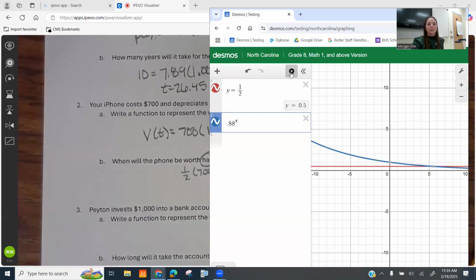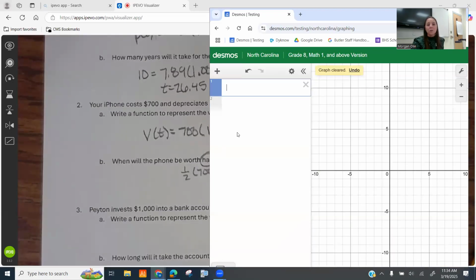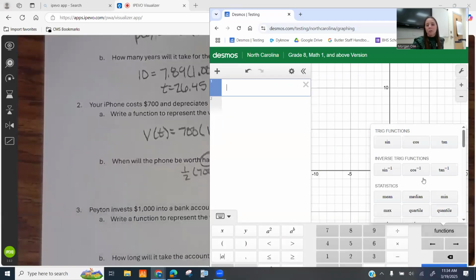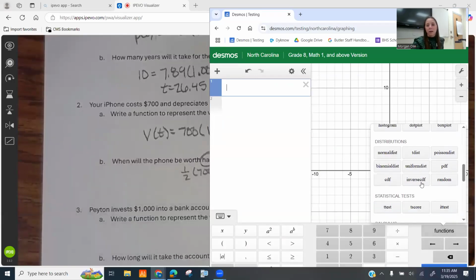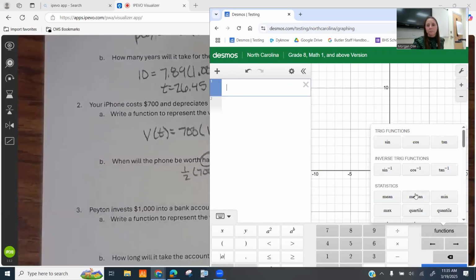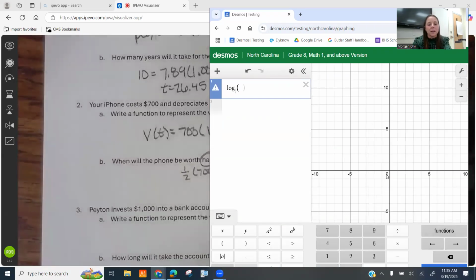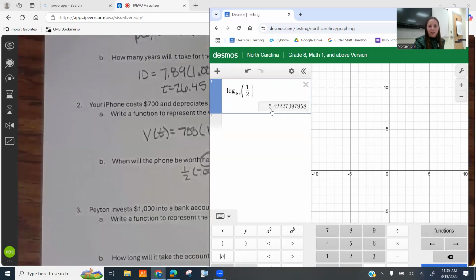All right, now watch this. Remember, I just wrote it as a log. If you remember how to write it as a log, another way you could solve it is, okay, now we put the log in, log base 0.88 of 1/2. Do you notice we get the same answer right here, 5.422?